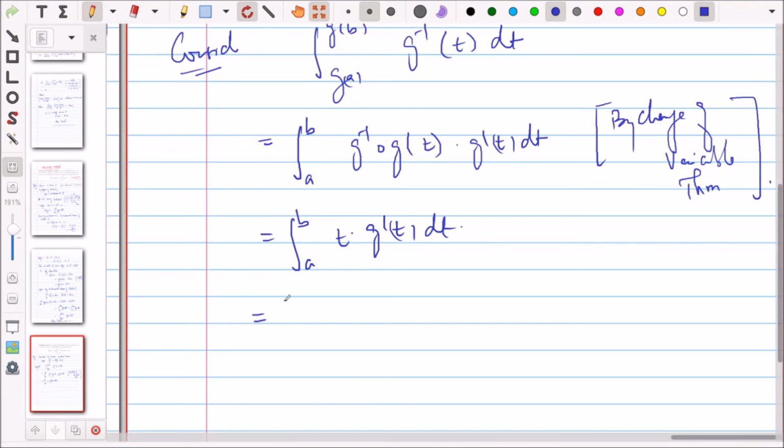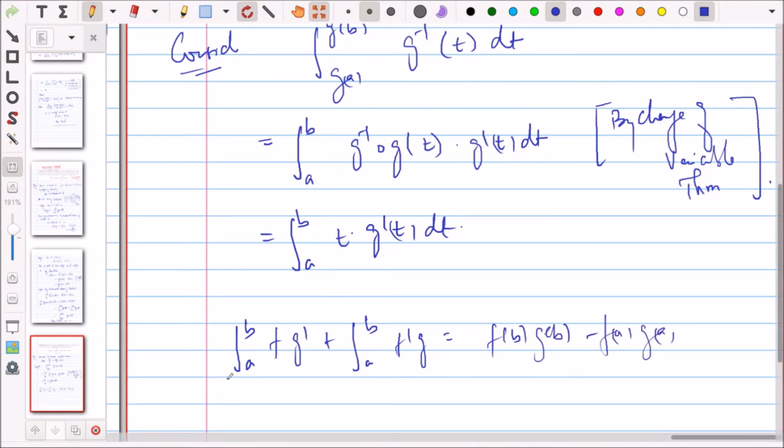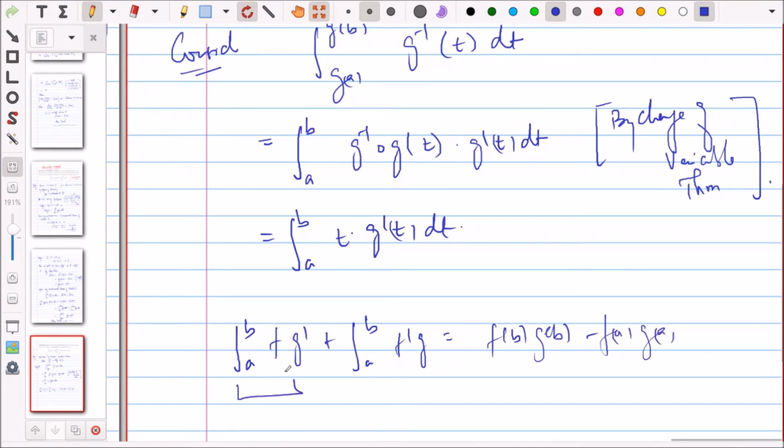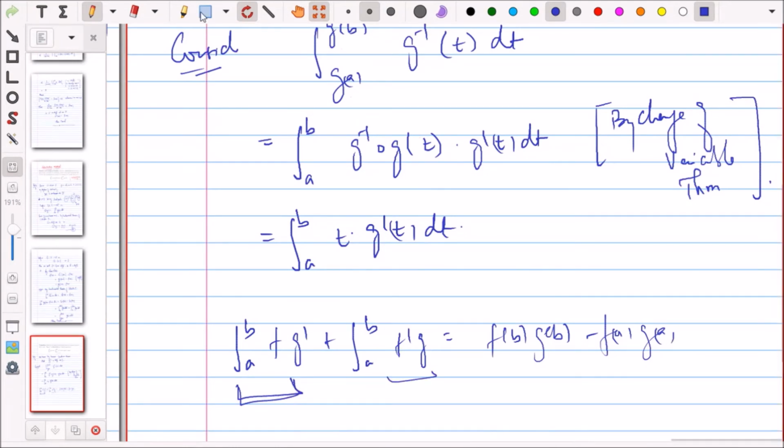So what will integration by parts give? If you remember, what was integration by parts? It was the integral from a to b of f g dash plus the integral from a to b of f dash g is equal to f(b) g(b) minus f(a) g(a). Now we have this term in this form, so we will take this term to the left with a minus, and apply this fully. Is it fine.